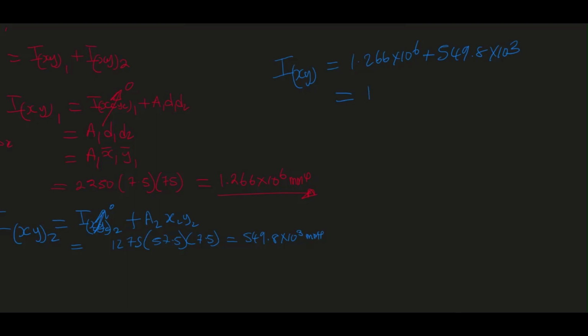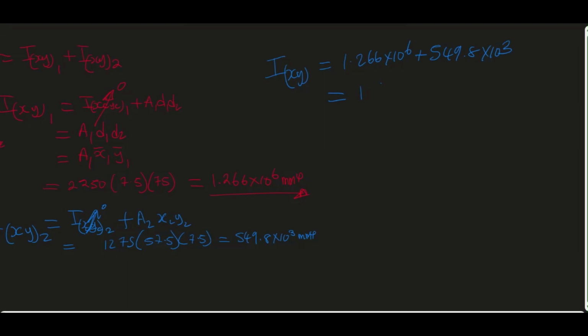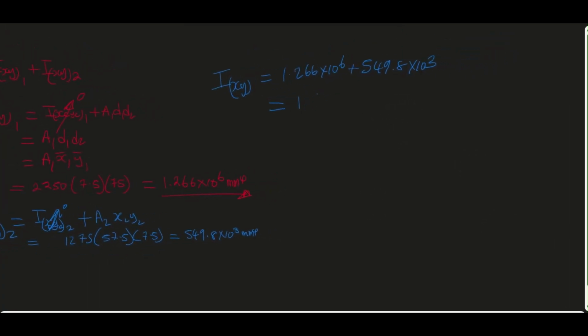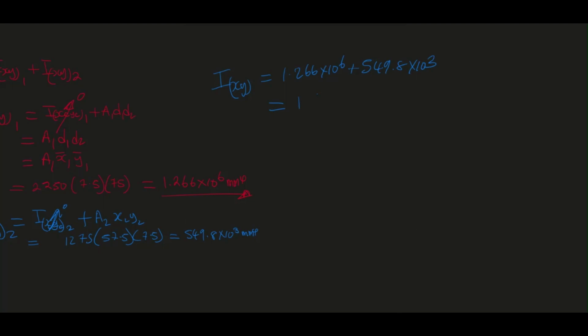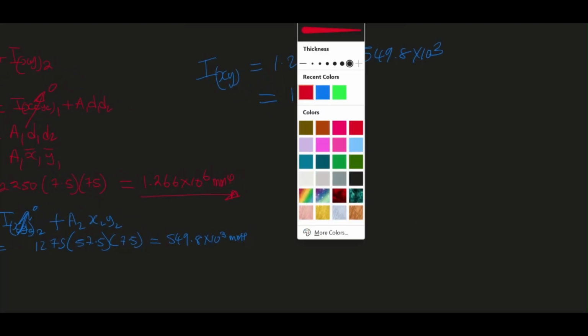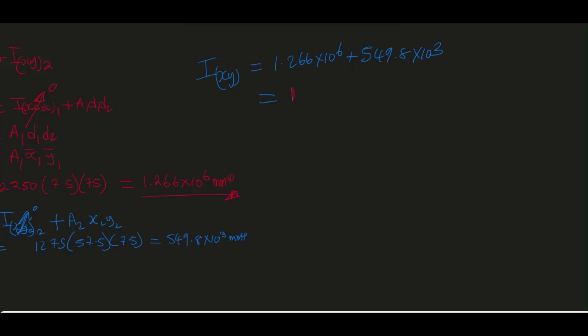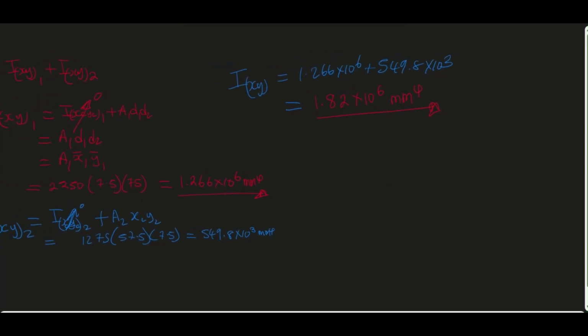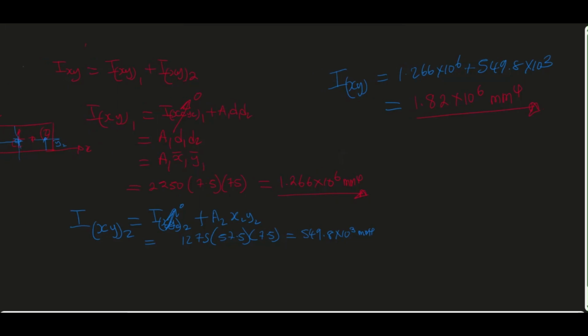That gives us 1.82 times 10 to the power 6 millimeter to the fourth power. Alright, so that's how you get Ixy.